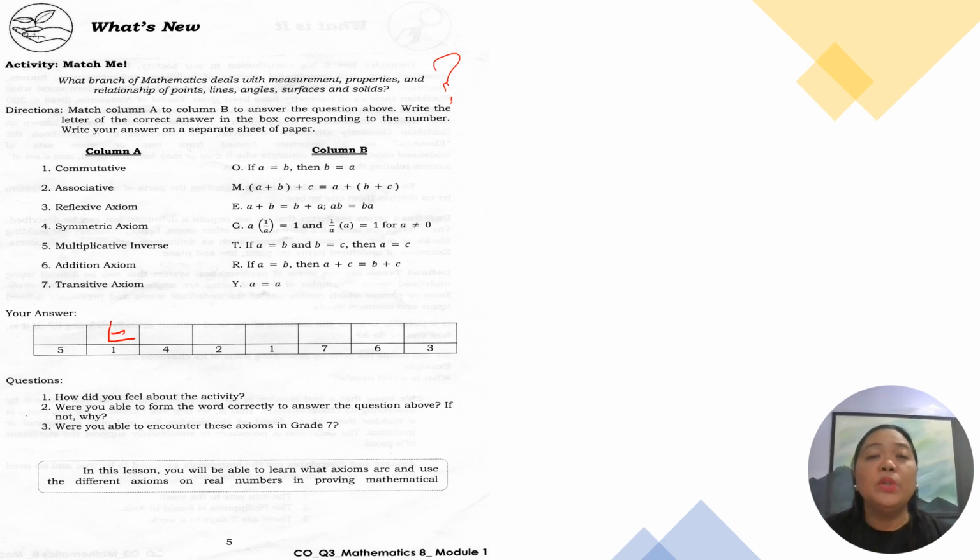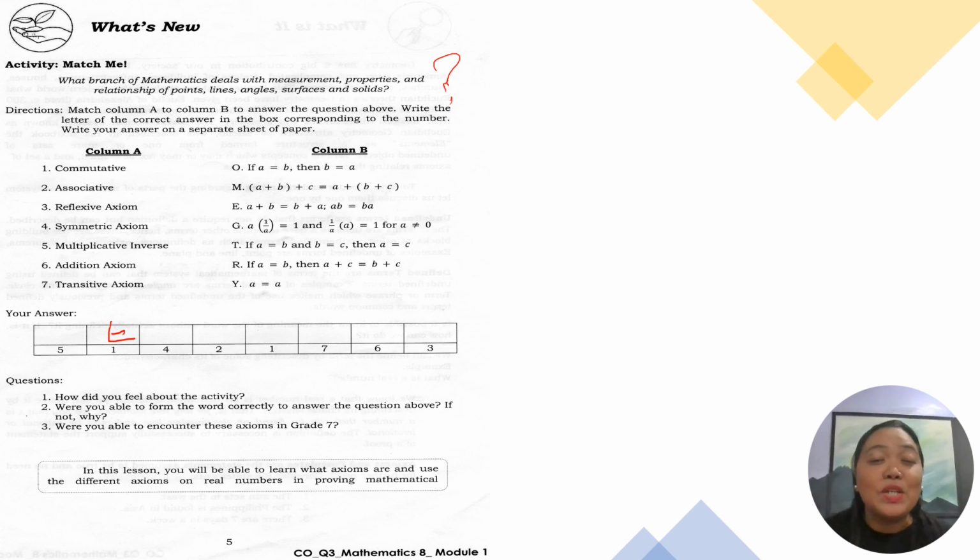I do hope that you can recall the properties of equalities you have learned in grade 7. As we go along with our next page of your SLM, we will be discussing the different axioms and properties of equality.